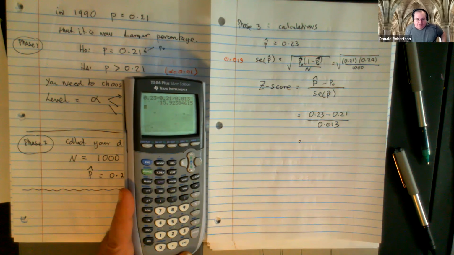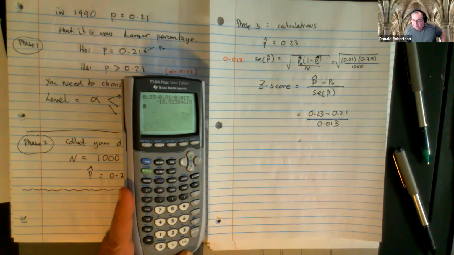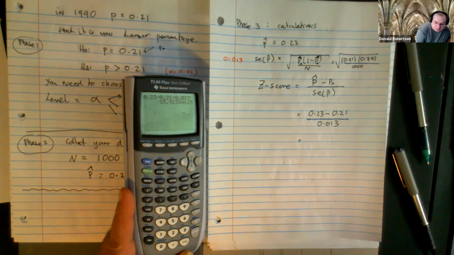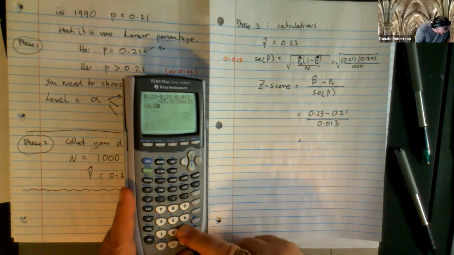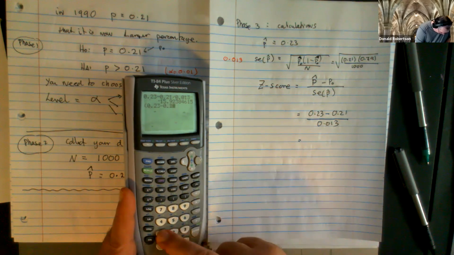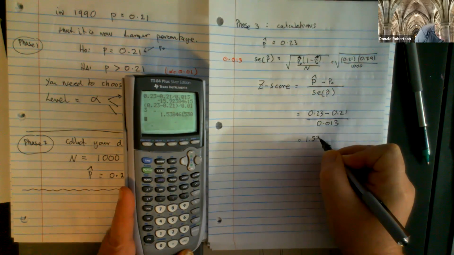What did I do wrong in my calculator? This is the calculation I want to get the answer to. It looks like I've typed it in, but I haven't actually done it right. What's missing? Brackets. Divided only by the 0.21. That's right. So to make that happen, you have to put brackets around it. And the number I got here is 1.538.